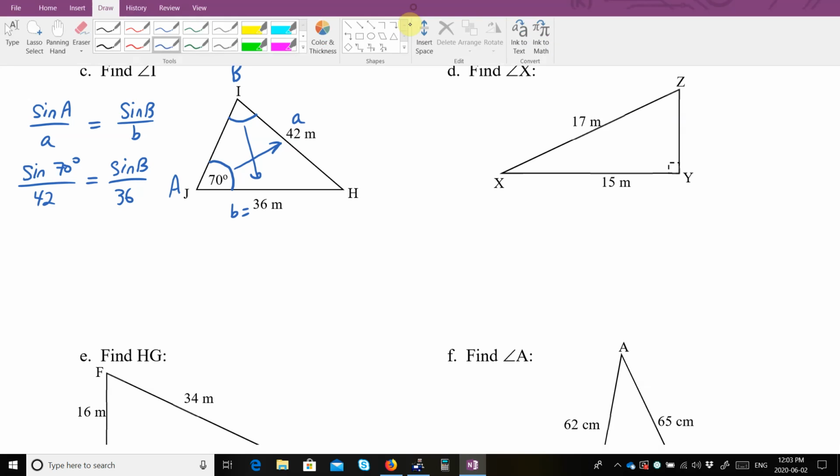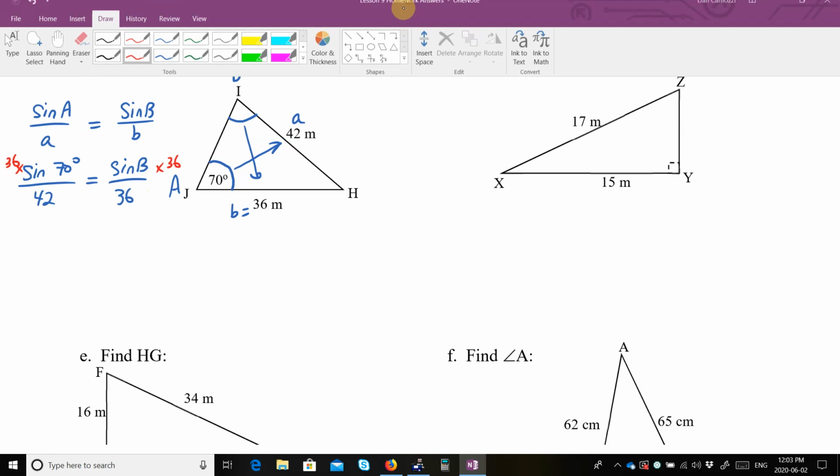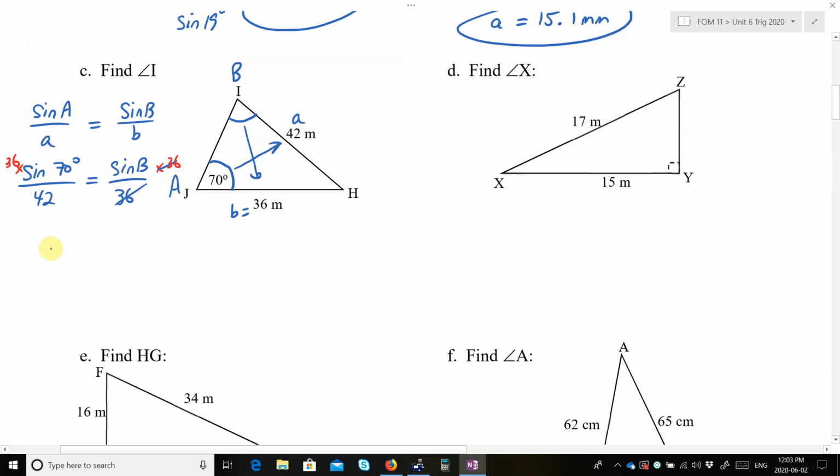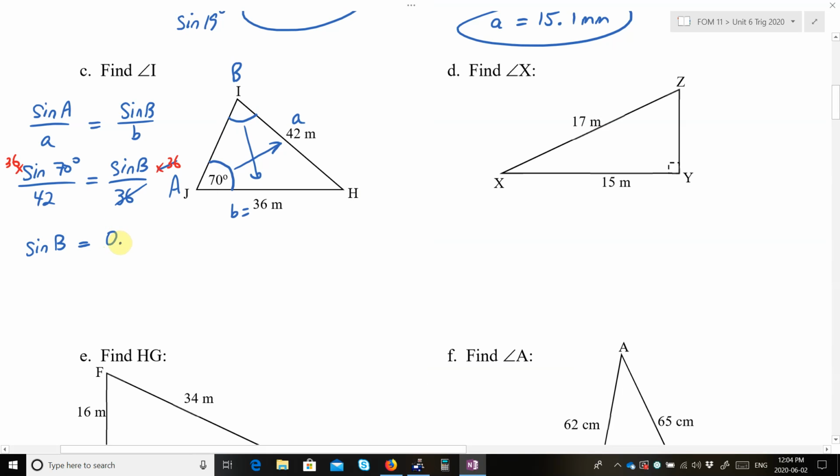Okay, so we have to get sine B by itself first of all, and it's being divided by 36, so multiply both sides by 36. So sine B is equal to all of that, which is 36 times sine 70 degrees divided by 42, 0.805, and a bunch of stuff. And so then angle B is sine inverse of that.